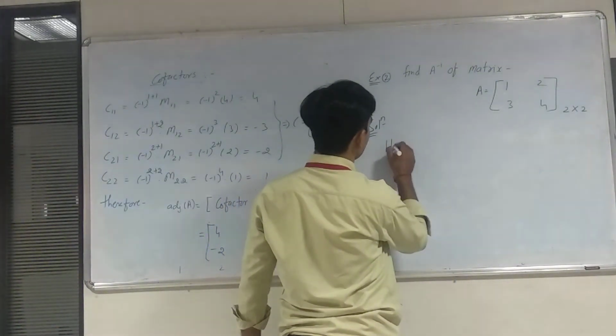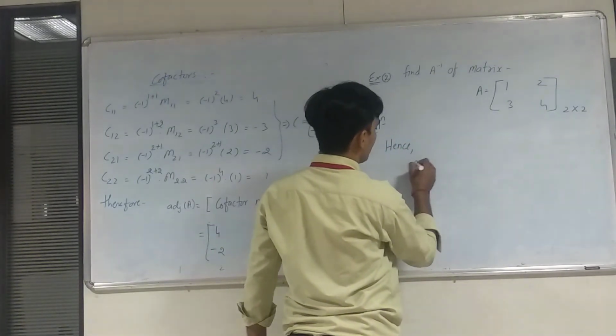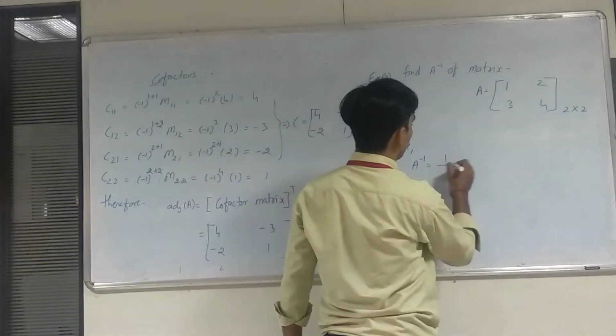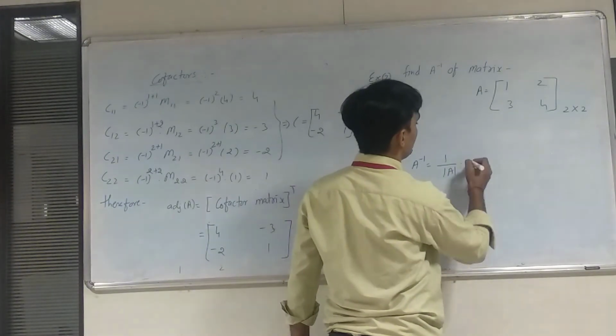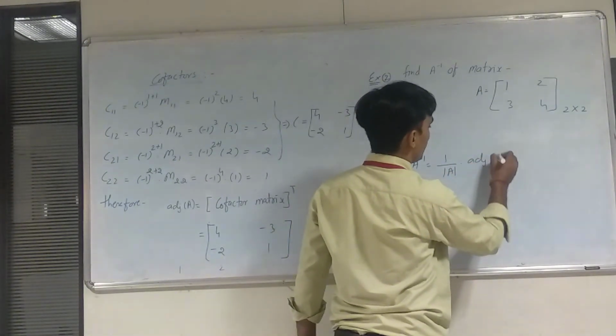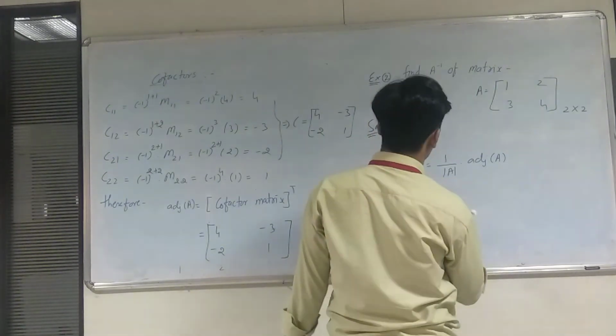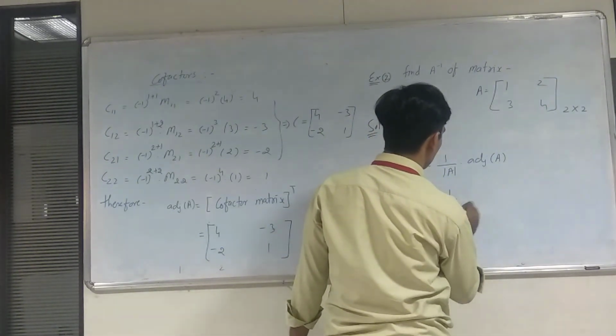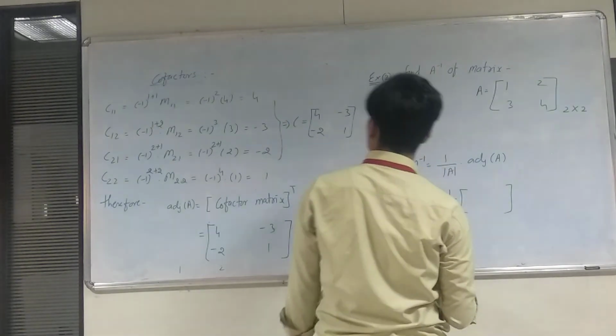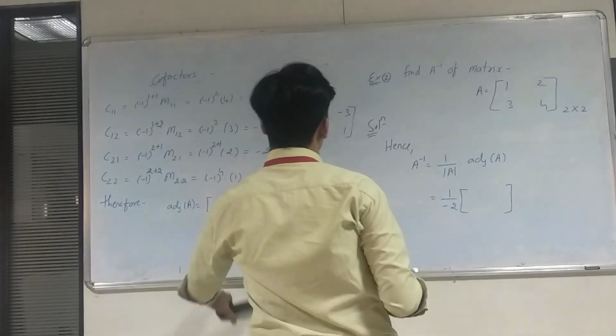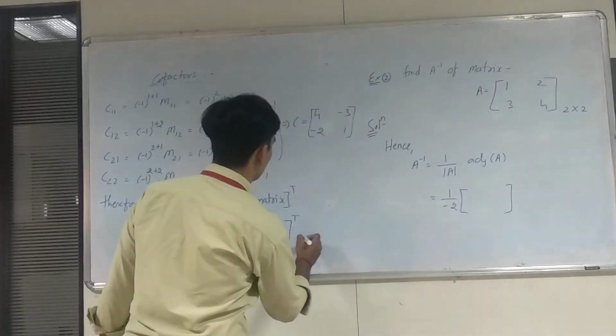Hence A inverse equal to 1 upon determinant of A into adjoint of A. So determinant of A is minus 2 into this transpose. So you have to find transpose.